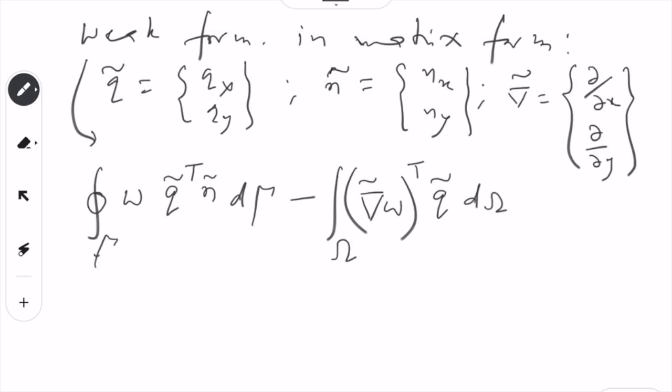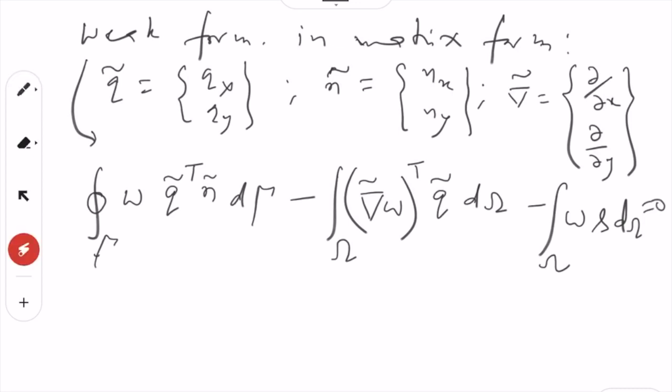So okay, we have a scalar here. You write w here, so this becomes 2 by 1, and if you transpose it becomes 1 by 2, this is 2 by 1, so 1 by 2 multiplied by 2 by 1, so we get a scalar value here, done, and then we get minus w times s d omega equal to 0.